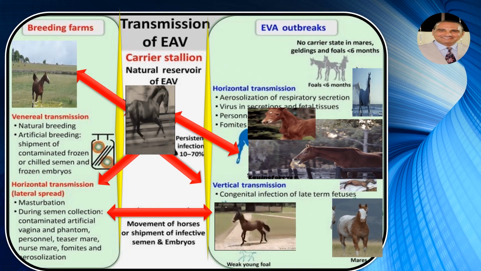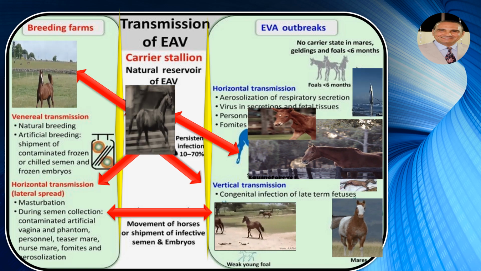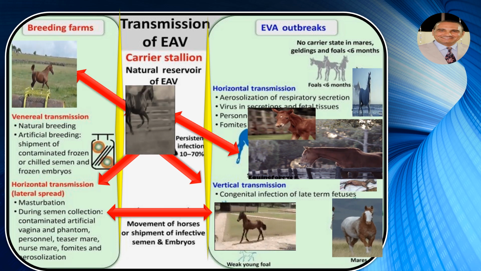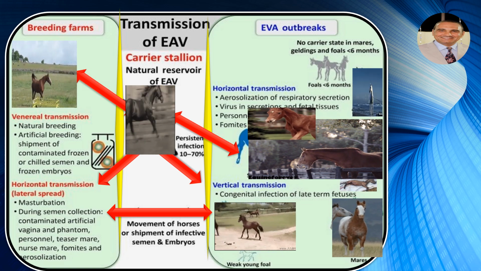This chart explains the transmission of equine viral arteritis in the breeding farms and how the outbreaks occur.